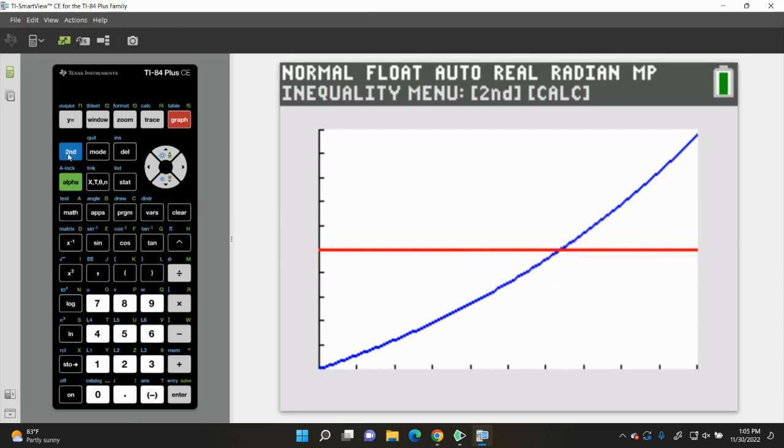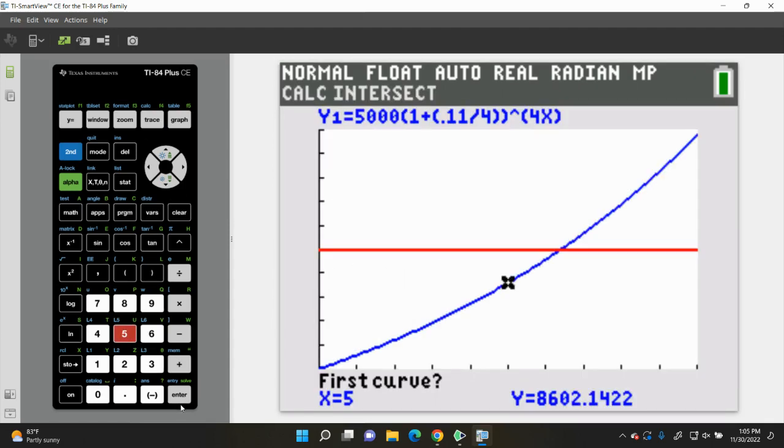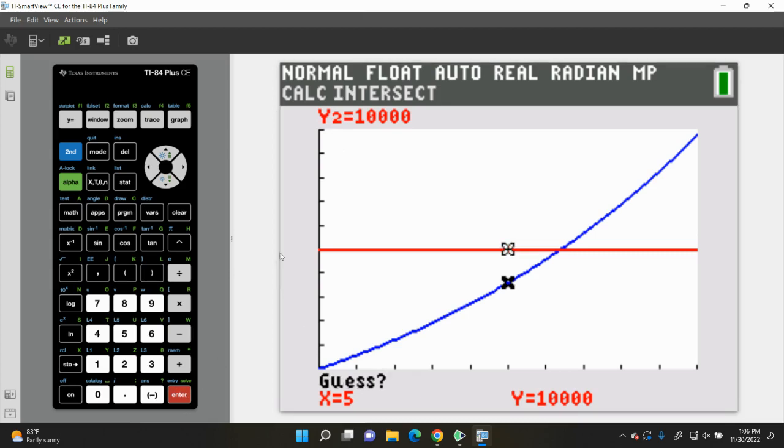So we go second, calculate, and we're going to choose option 5 for intersect. It's going to default the curves. It says first curve, and you see it up here is Y1, so I'll just press enter. It jumps up, second curve, Y2, I'll press enter. And then it wants a guess. Since there's only one point of intersection, I can just press enter.